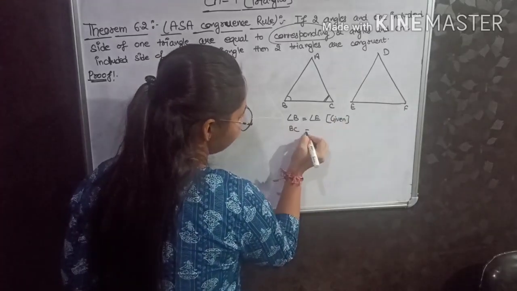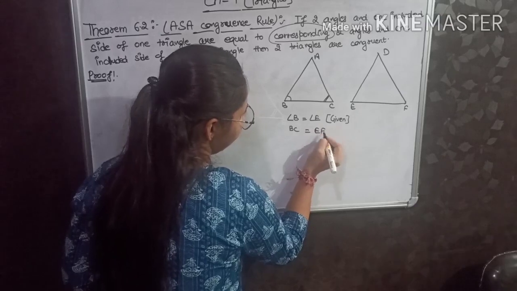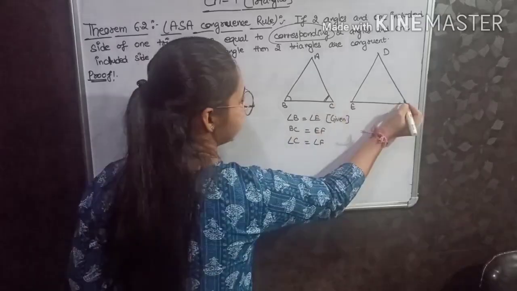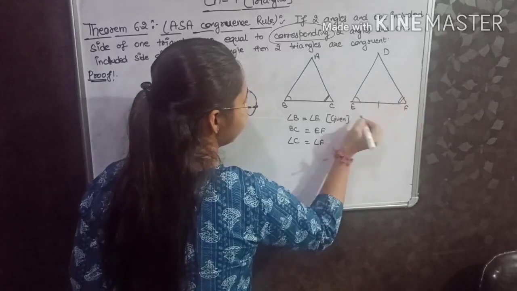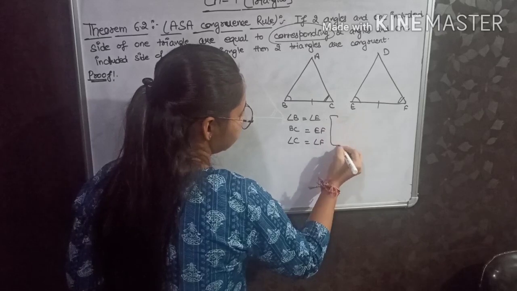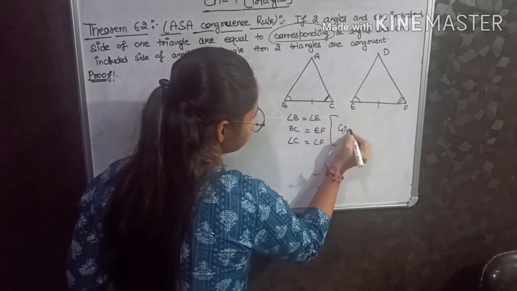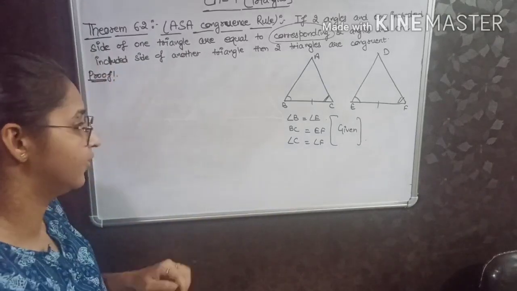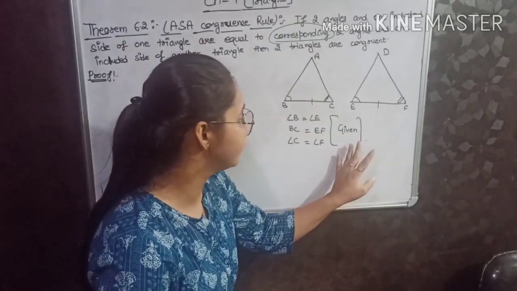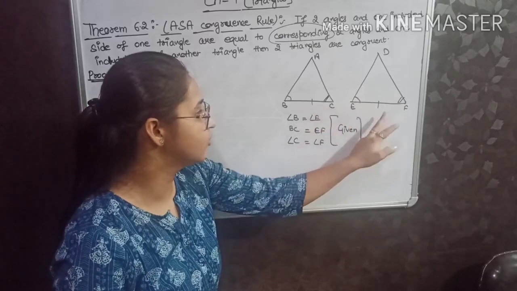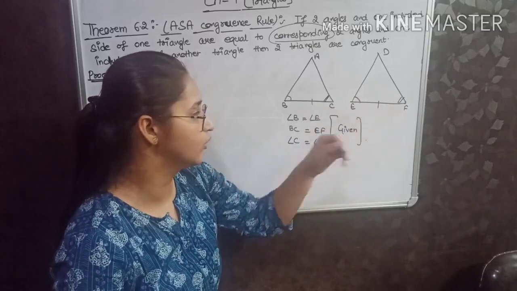BC is equal to EF and angle C is equal to angle F. The given conditions are: angle B is equal to angle E, BC is equal to EF and angle C is equal to angle F.